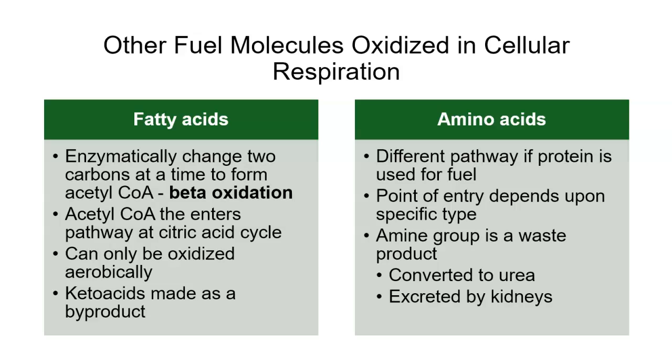Amino acids use a different pathway, but the pathway depends on what the specific amino acid is. Different amino acids enter the pathway at glycolysis, the intermediate stage, or directly into the Krebs cycle. The amine portion of the amino acid is a waste product that's going to be converted to urea and excreted by the kidneys.